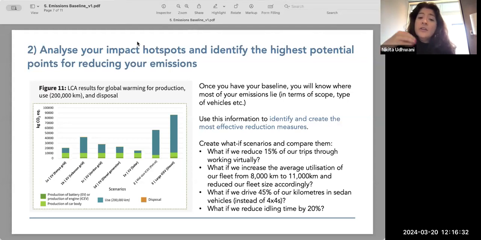And you can then use this information to create some what-if scenarios that can potentially help you set a target. What you're seeing on my screen are some tips of the types of scenarios you can consider.